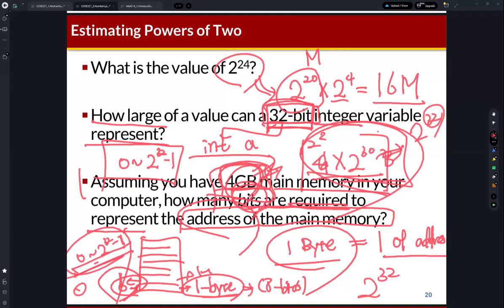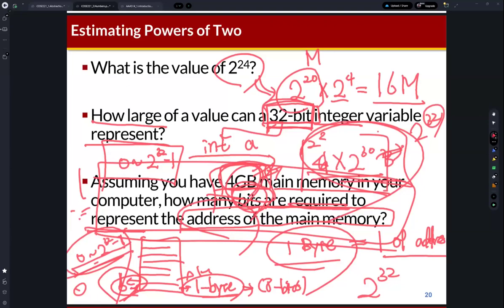Sometimes I believe you are not familiar with this question because you did not learn about computer architecture yet, but we can say like this: we can use the binary representation for describing computer systems. Okay, so I will stop here.